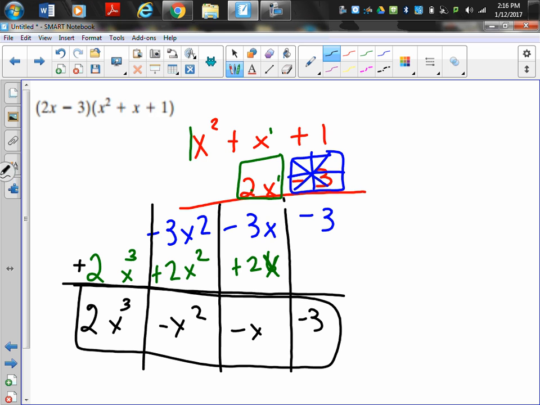There's your answer. 2x cubed minus x squared minus x minus 3.